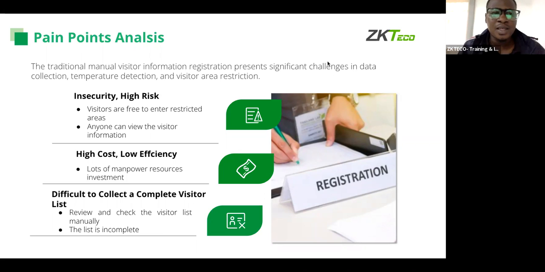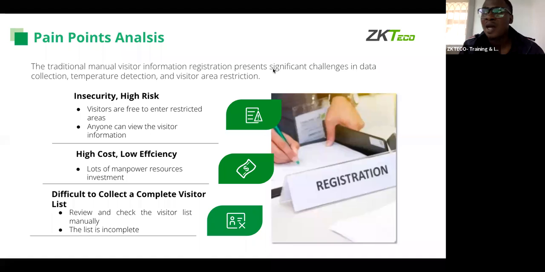Back then, the pain point analysis was insecurity: visitors are free to enter restricted areas. When you have about 100 visitors staying in line to register and put their names on a book list, sometimes we would have the security man at the post. But the visitors here are the subjects, and who they are going to see are the objects.